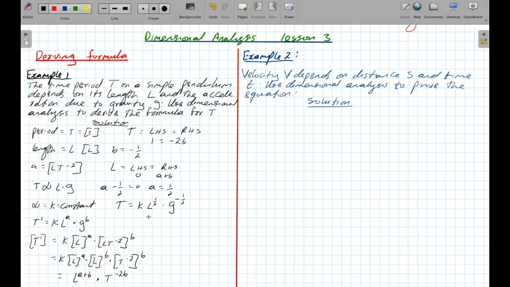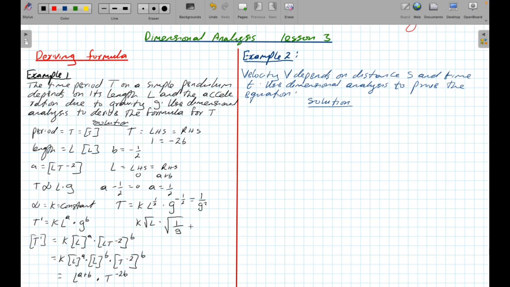Now I can re-express this as square root of L multiplied by g raised to the power of minus 1 over 2. Now recall from the negative index law of indices, that this g can be re-expressed as 1 over g raised to the power of 1 over 2, which we can express as square root of 1 over g.